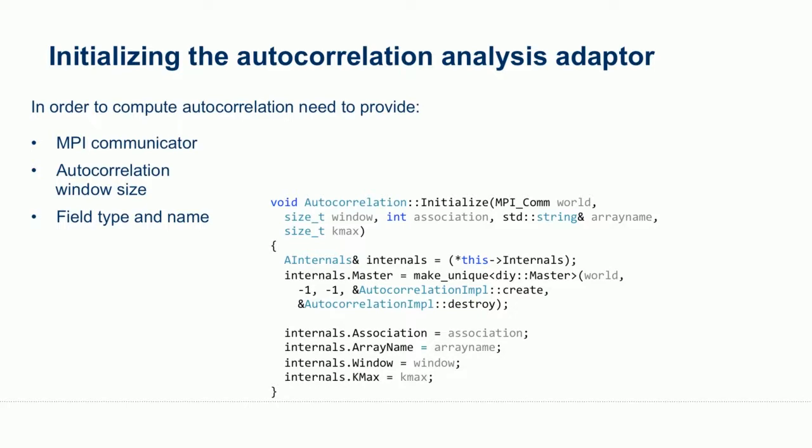We're passing in a communicator, and the window, which is the parameter, like how wide do we want to do the autocorrelation? We're going to process the input signal in window-sized chunks and apply the autocorrelation to each window successively in the time series. So the window will be basically a number of time steps.